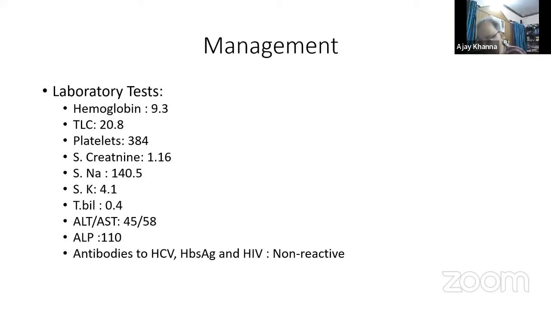Will you like to tell us about the DLC also? Sir, in DLC neutrophils were raised. What are the various features you can get in the differential count in a patient with splenomegaly?